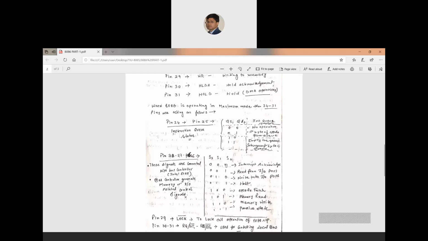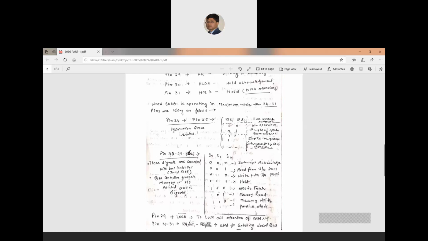When it is 000, it means interrupt acknowledged. This information is transferred to the bus controller. When it is 001, read from IO port. When it is 010, write into IO port. When it is 011, halt. When it is 100, opcode fetch. Then 101, memory read, 110, memory write, and 111, that is your passive state.